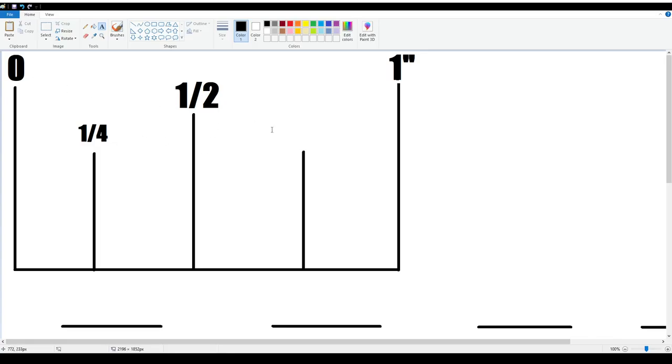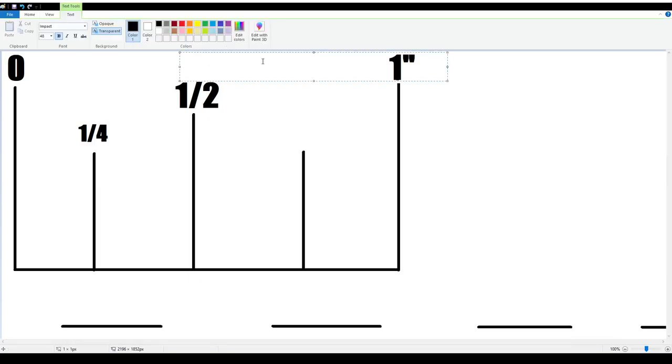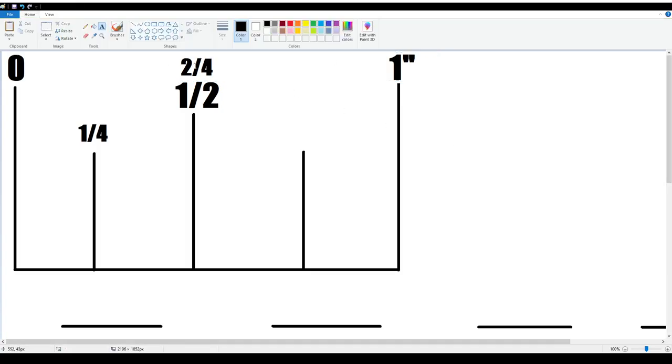Now, we do have this other vertical line between 1/2 inch and 1 inch, and we are now breaking this entire inch down into fourths or quarters. So this being our 1/4, and this you could technically say is our 2/4. 2/4 is equal to 1/2 inch, right? But we're not going to call it that.